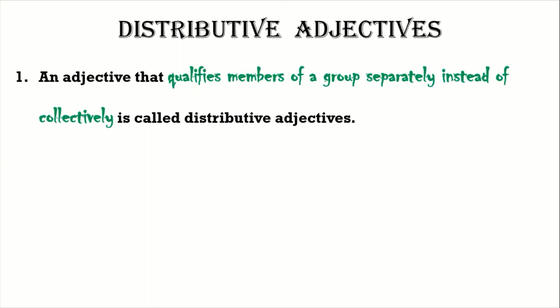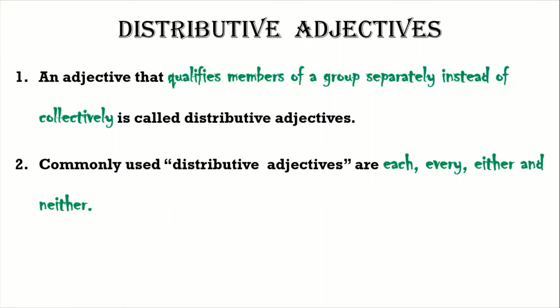Remember the words, qualifies members of a group separately instead of collectively. Than saying all the students scored well, when you say every student scored well, every is again separating, that's why it's called a distributive adjective. So remember this definition.